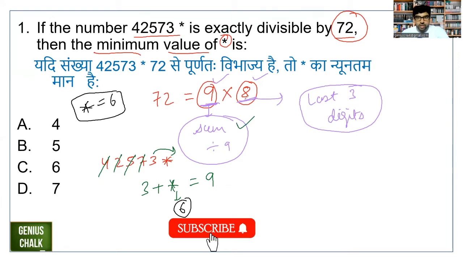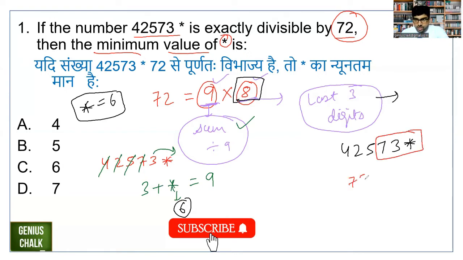Now let's check it for 8. For divisibility by 8, we need to check whether the last 3 digits are divisible by 8 or not. The number is 42573 and star. What are the last 3 digits? These are the last 3 digits: 73#.